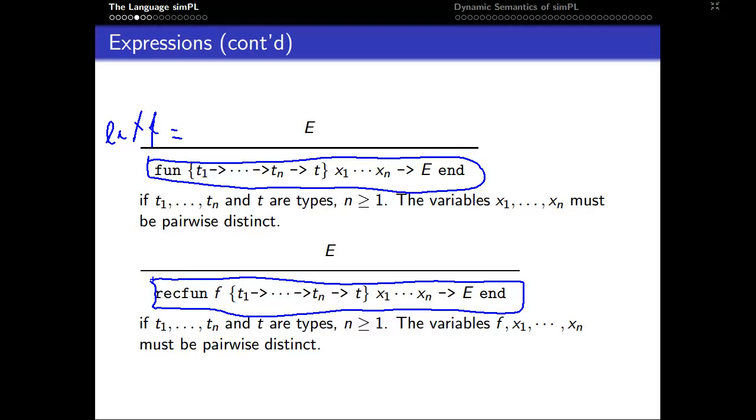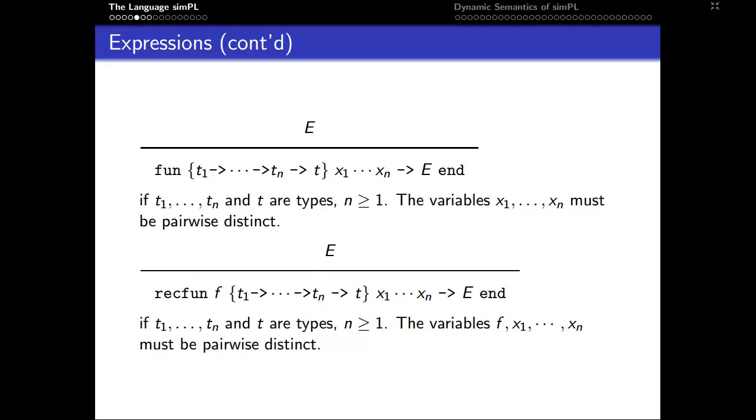Not really, because in the way we define the language, f would not be allowed to appear inside E. If it's not recursive, we won't allow f to appear inside E. Does separating that out into two types of definitions make parsing easier, compiling easier? It's going to make the semantics easier. Okay, good that you pointed that out. So we're taking a shortcut in terms of making the semantics easier for us.